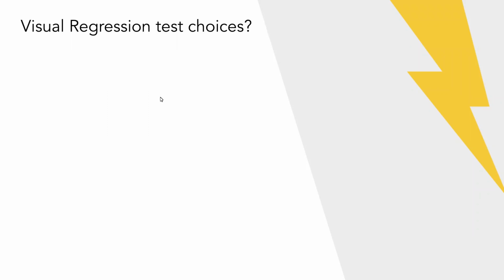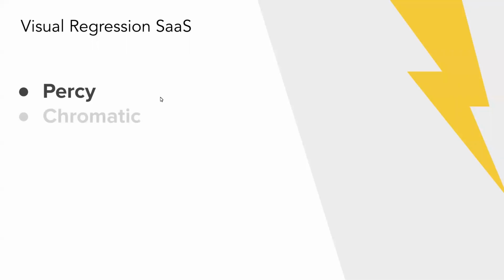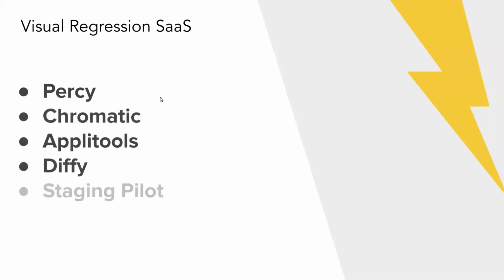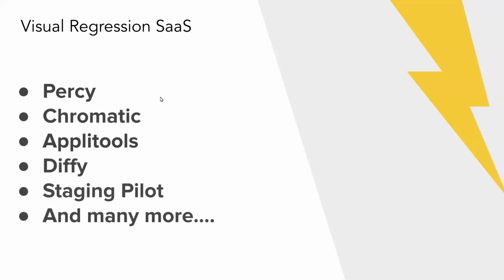So for visual regression, there are also two main choices. There are software as a service visual regression tools, and there are also do-it-yourself visual regression tools. So for SaaS, there's Percy, Chromatic, AppTools, Diffy, Staging Pilot, and many more.